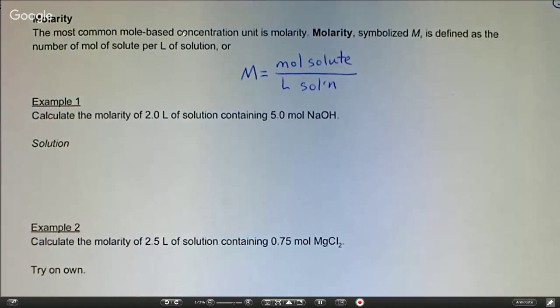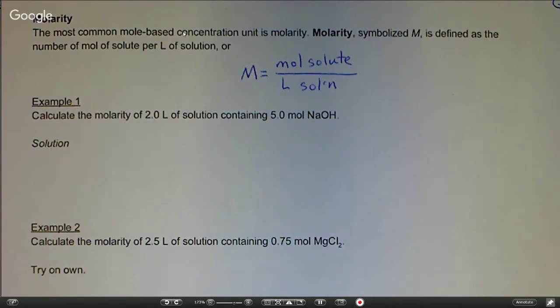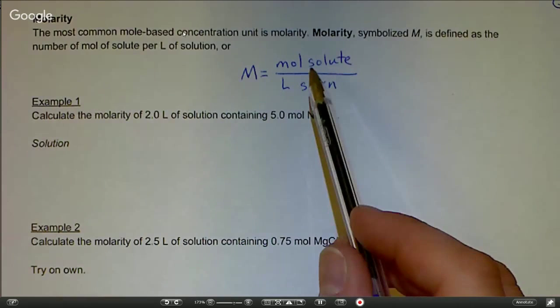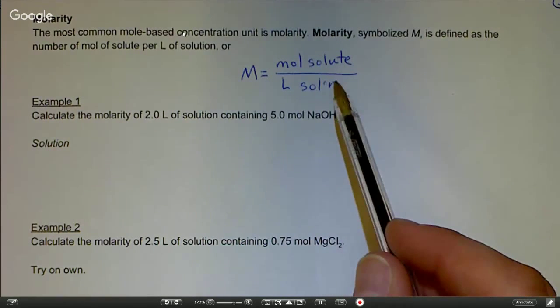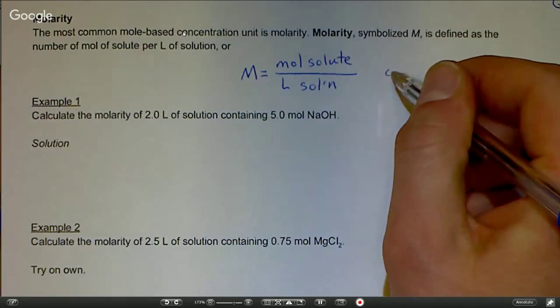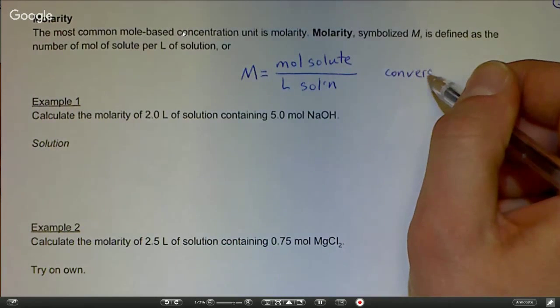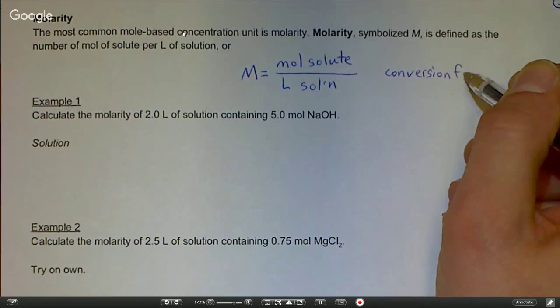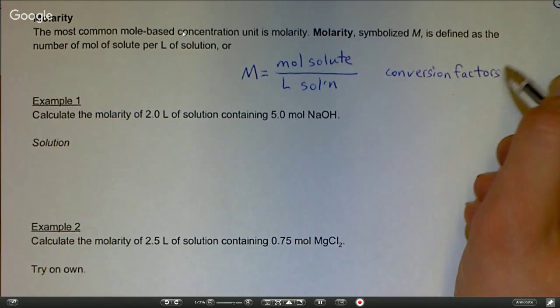And what's great, as we'll see momentarily, is that because we have a ratio of moles of solute to liters of solution, this will present itself as an excellent conversion factor in future problems that we'll encounter.